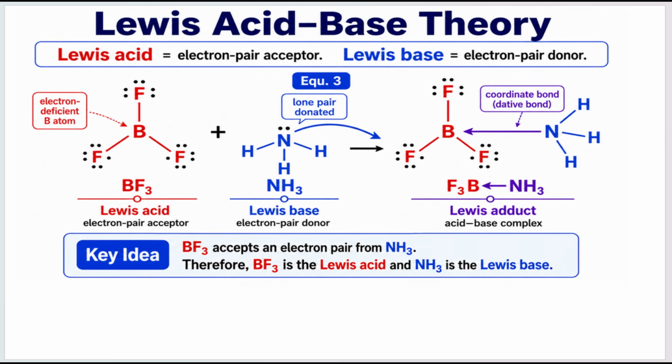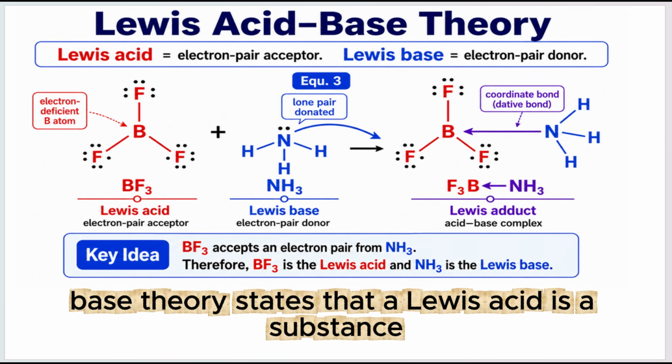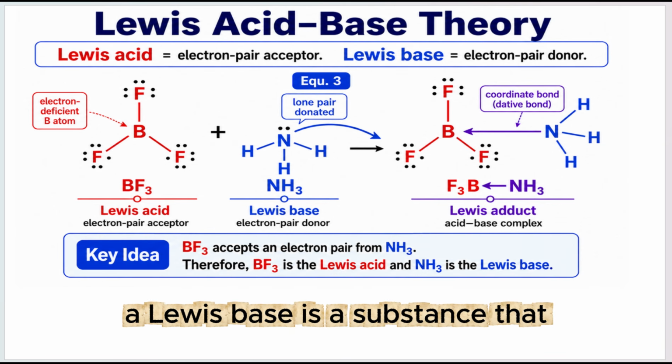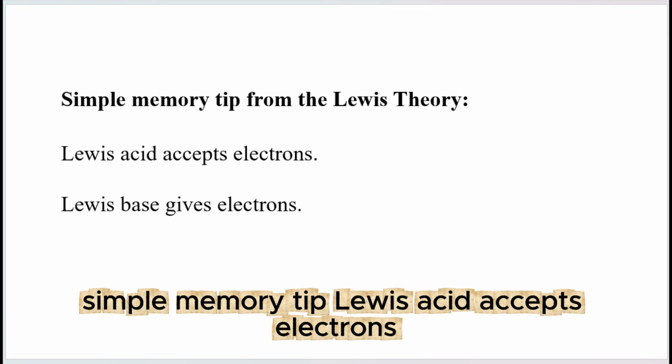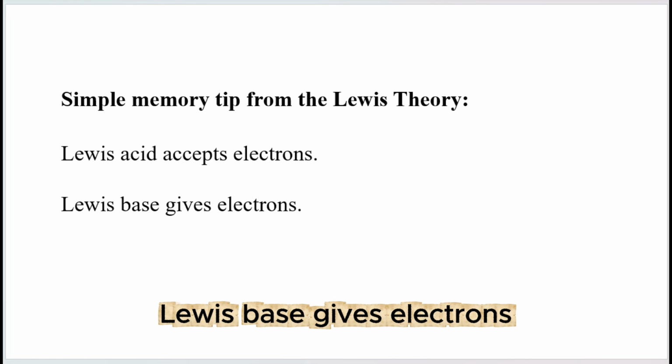2.3 Lewis theory. The Lewis acid-base theory states that a Lewis acid is a substance that accepts a pair of electrons. A Lewis base is a substance that donates a pair of electrons. Simple memory tip. Lewis acid accepts electrons. Lewis base gives electrons.